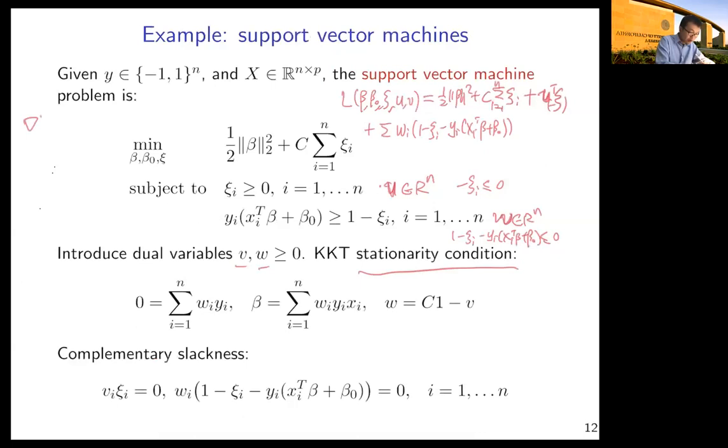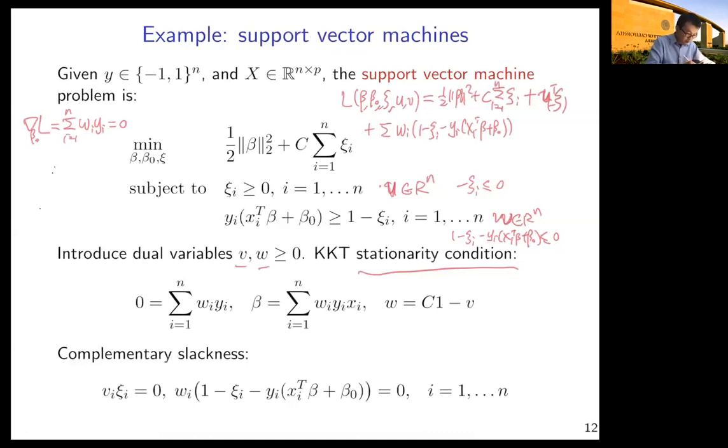First, the partial gradient with respect to beta_0. It only appears in the last term, right? So we end up getting the sum of w_i y_i, for i from 1 to n, is equal to 0.